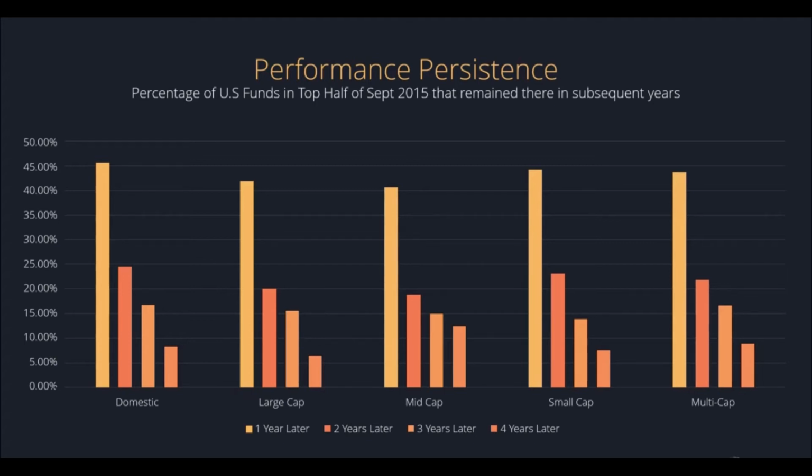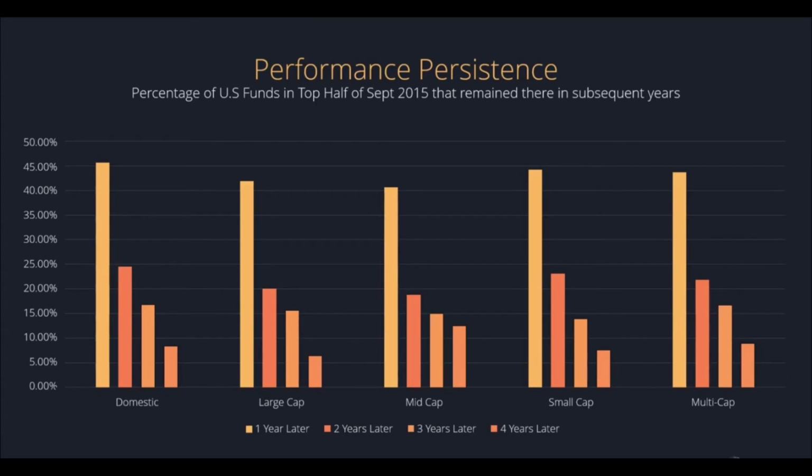The next bar after that represents September 2017. Did they remain in the top half? And that goes down to now 20 to 25%. And you can see that each year, as we move forward, the success rate goes down and down.